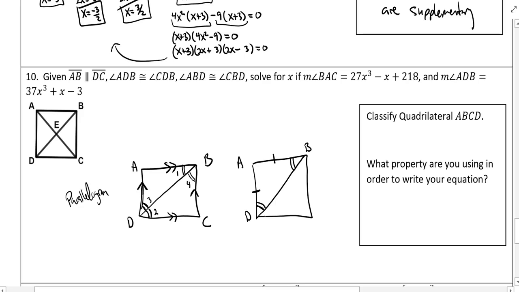And then because we're working with a parallelogram, opposite sides are congruent. So AD is congruent to BC, and AB is congruent to DC. So all four sides are congruent. So not only is it a parallelogram, but we've now got a rhombus. So rhombus is the classification we need.